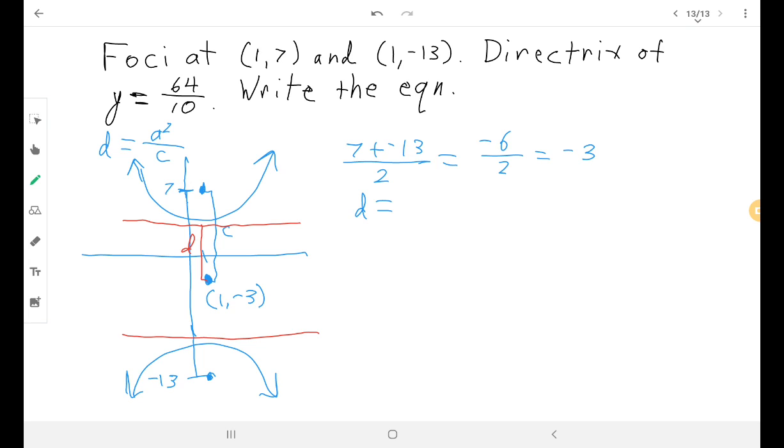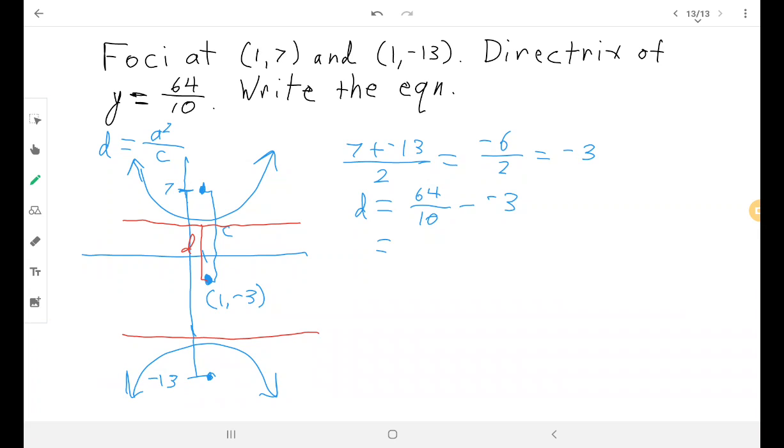We're moving in the y direction, so we want to say the equation of the line, 64 over 10, minus where my center is in the y direction, so -3.